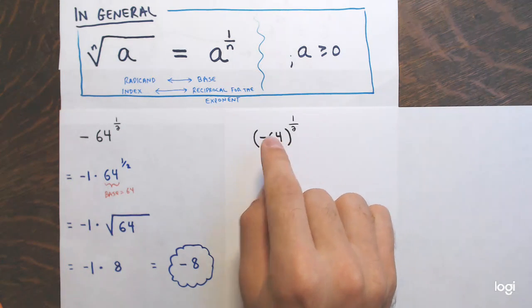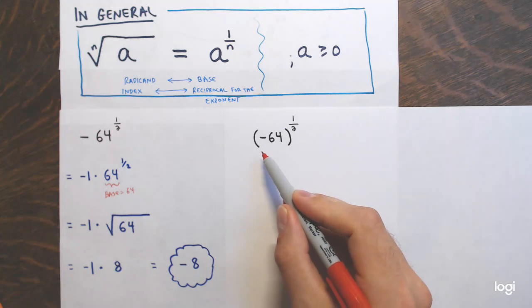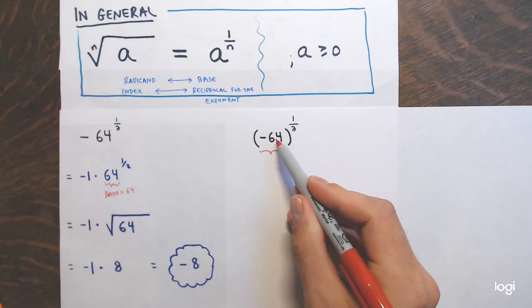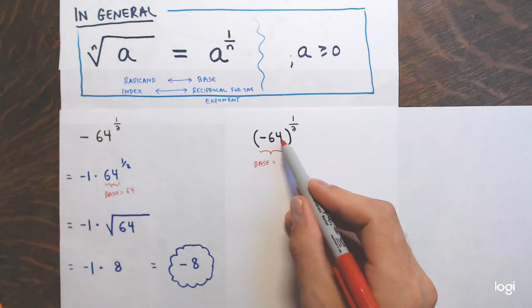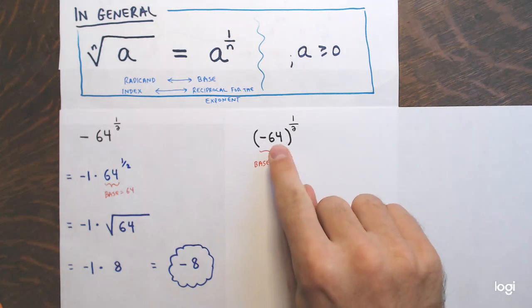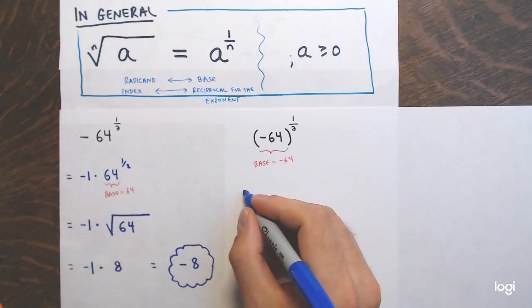So this time, on that exponent of 1/2, this whole thing is the base on that power of 1/2. The base this time is not just 64, but the whole thing in parentheses, the -64. And I can write this base to a power as a radical. Only the base to the power can be written as a radical.